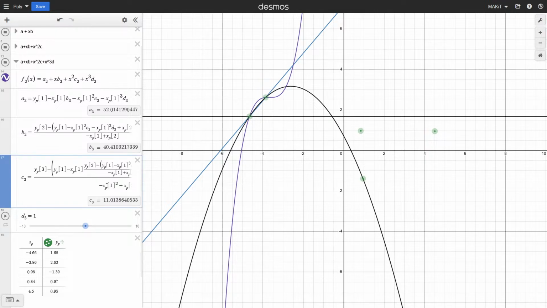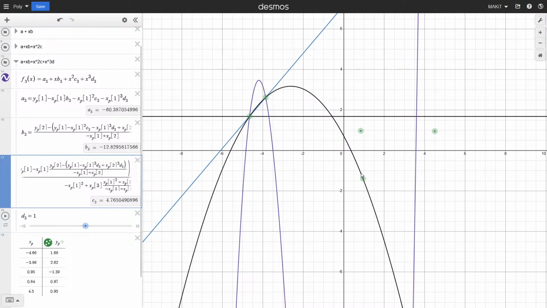Fudge! Okay, wild guess. This one should be a plus. Wild guess wasn't accurate.